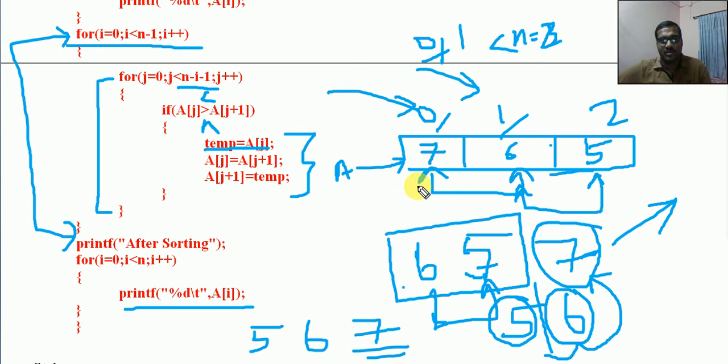If it is in a different order, just check whether the first element is less than the second element. If so, do the swapping. The second largest will be moved to the first location, and the smallest will be moved towards the last location. All other logic remains the same.